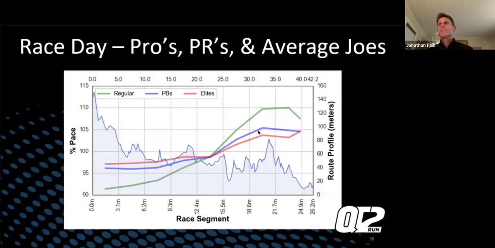So to tag onto what I was talking about regarding running negative splits on this course, you can see the orange line is the elites and what percentage of their overall average pace they're running throughout the course. And you see everyone goes up.